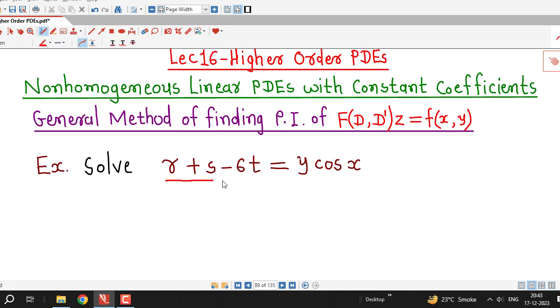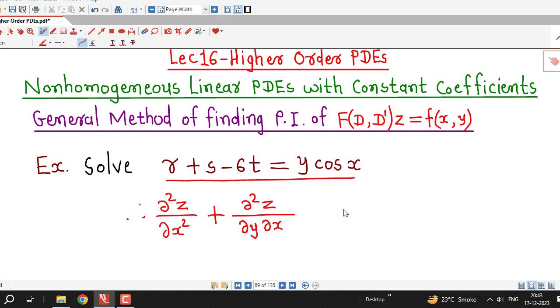Now we try to solve this equation. We are familiar with all these three notations. r, s, t are the notations for second order partial derivatives. r is the second order partial derivative of the function z with respect to x two times, s is the partial derivative of z with respect to x and y, and t is the second order derivative of z with respect to y, equal to y cos x.